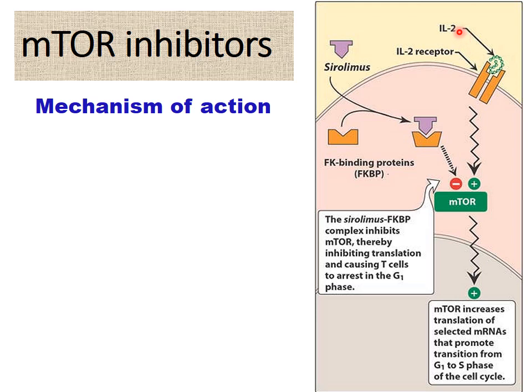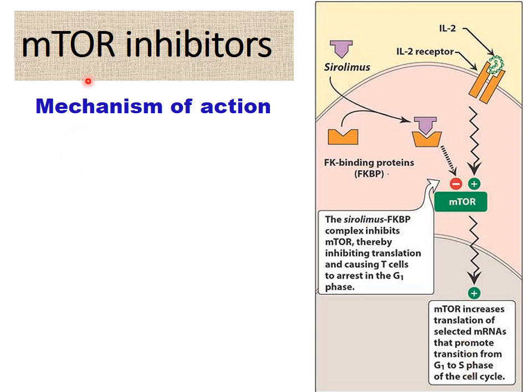The binding of interleukin 2 on the interleukin 2 receptor generates a signal cascade, and this signal cascade activates mTOR, which is responsible for increased transcription of mRNAs that promote the transition of the cell cycle from G1 to S phase. So mTOR is important for the progression of the cell cycle from G1 to S phase.